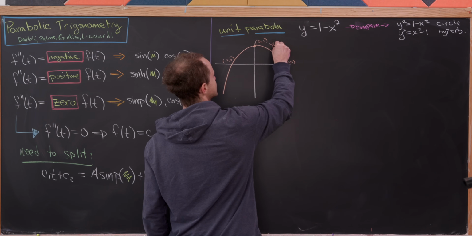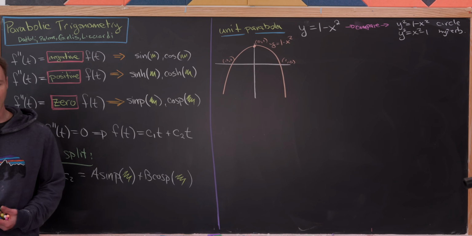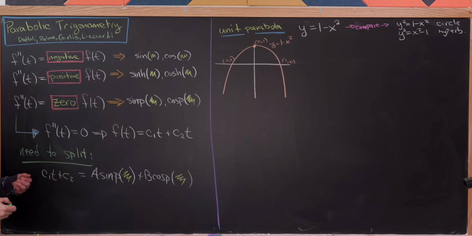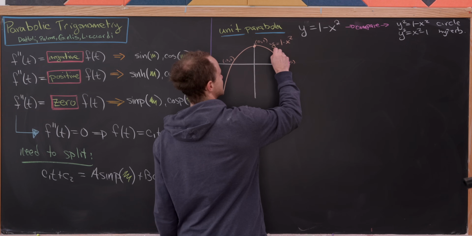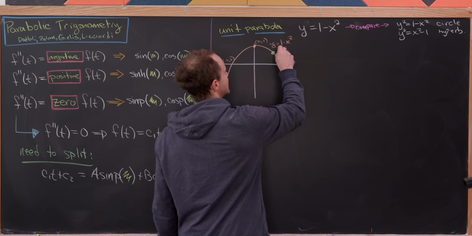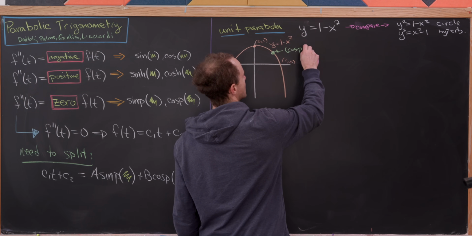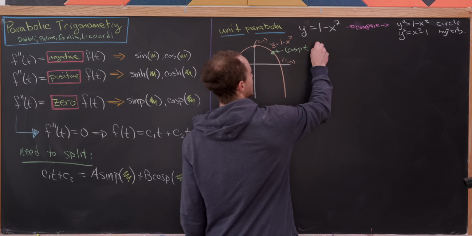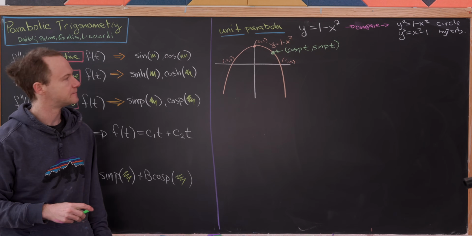This is the graph of the curve y equals 1 minus x squared. Our whole goal is for these parabolic functions to parameterize this. So this point right here is of the form parabolic cosine of t, comma, parabolic sine of t.